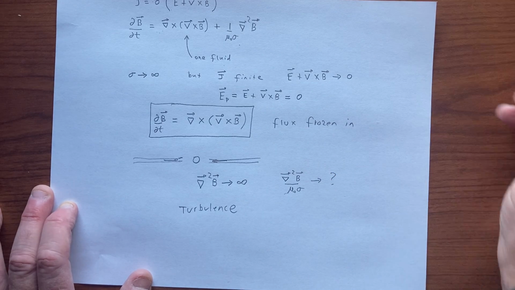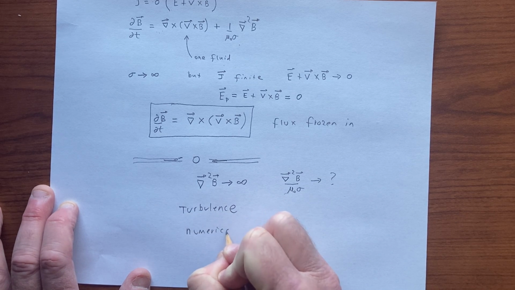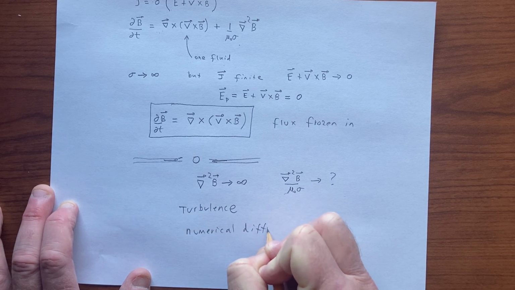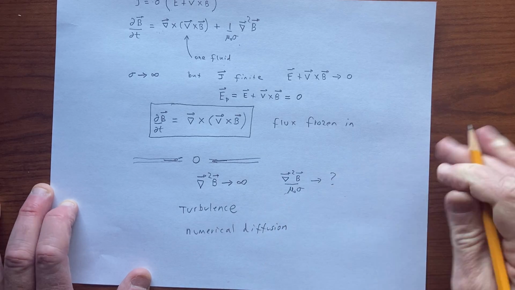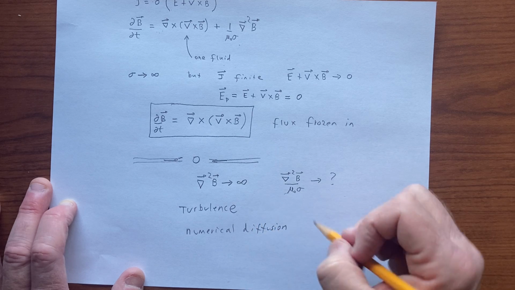It's something called numerical diffusion. The computer can only handle so much tangling up, and you'll get magnetic fields.